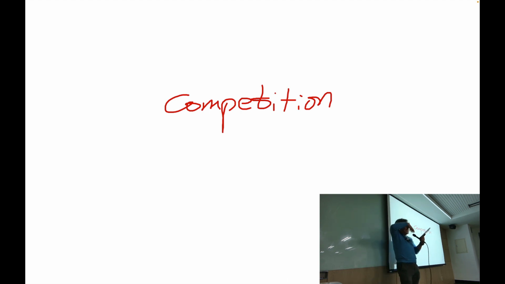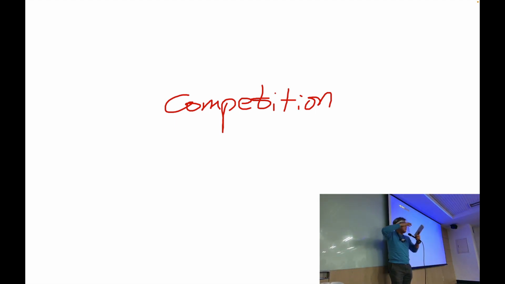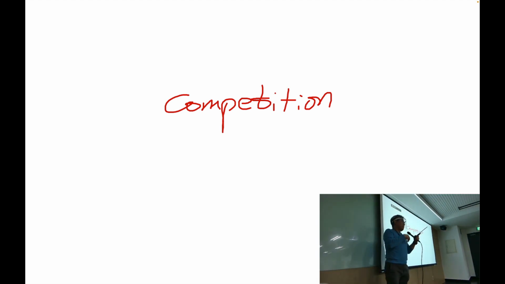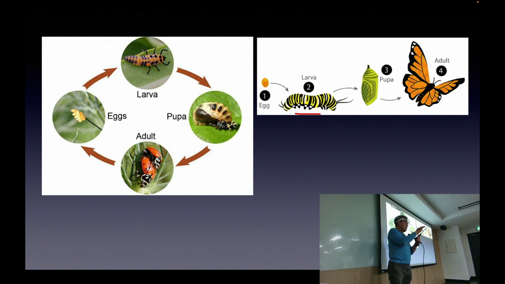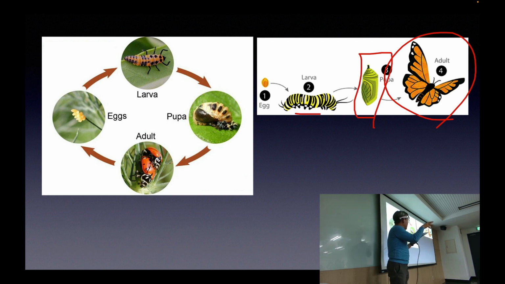So even insects try to reduce the level of competition within themselves. How? By changing their body form so drastically. In other words, whether they are in the larval stage, the pupal stage, or the adult stage, their food source is different, so they don't have to compete.